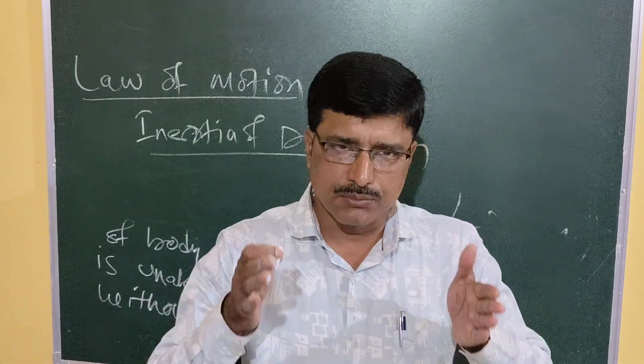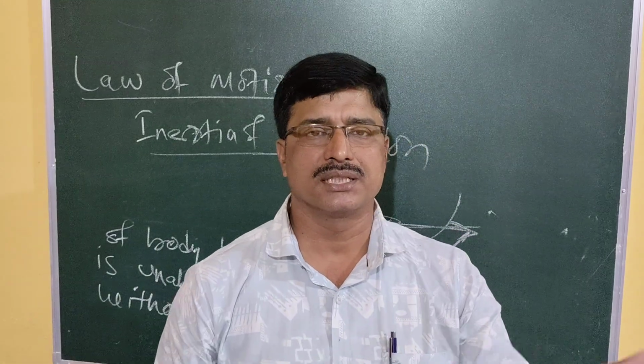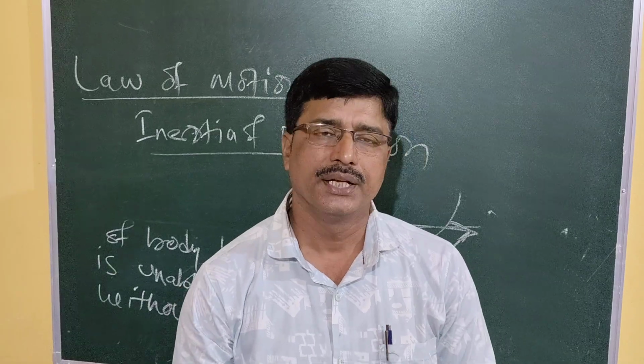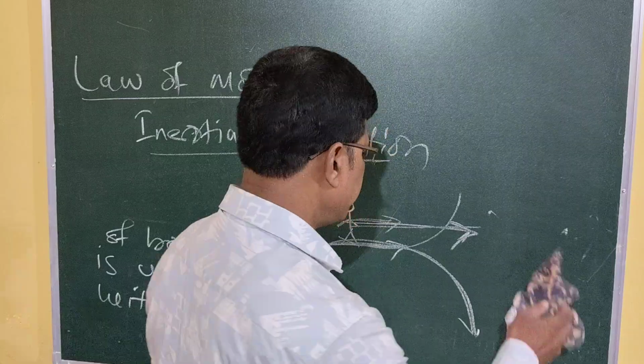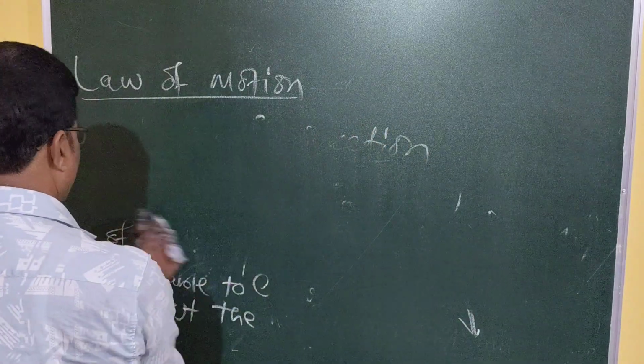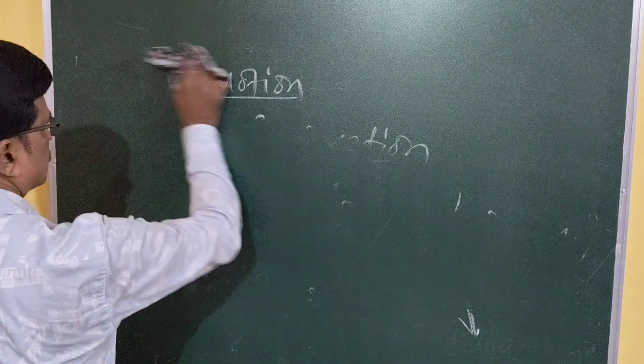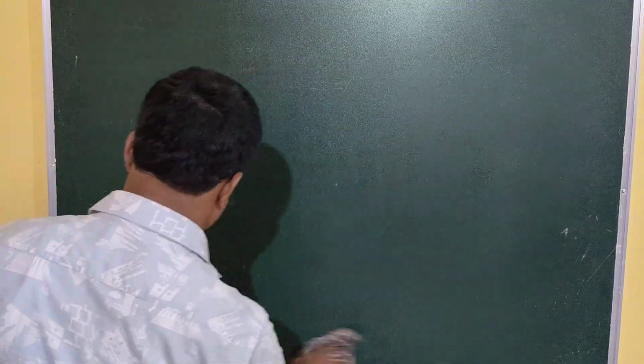That means he is moving in the same direction, but the bus changes its direction, so he gets an outward jerk. This is the example of inertia of direction. Okay, this is all about Newton's first law, or the idea about inertia.